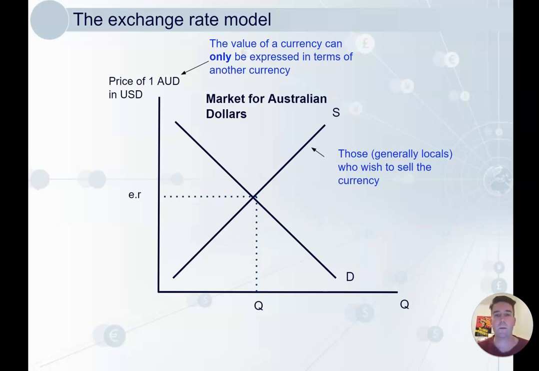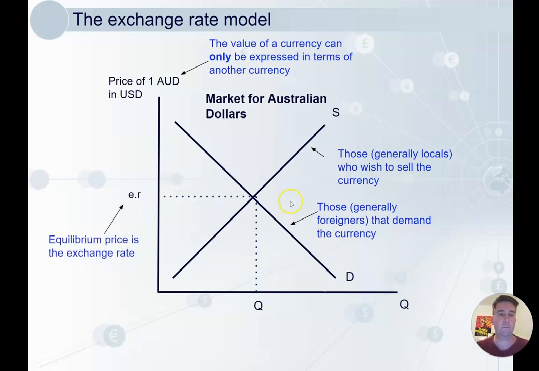And demand for a currency is from those who are normally foreigners that demand the currency. They don't currently own it, but they are demanding it now. So got to keep our head on that. And the equilibrium price, so equilibrium where demand meets supply, that is the exchange rate, right? That's how this is worked out.